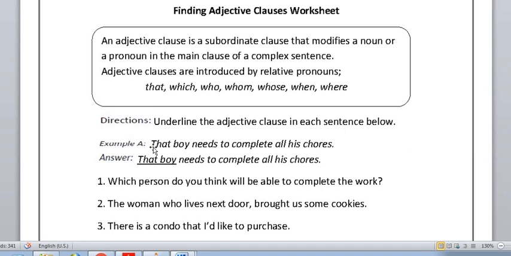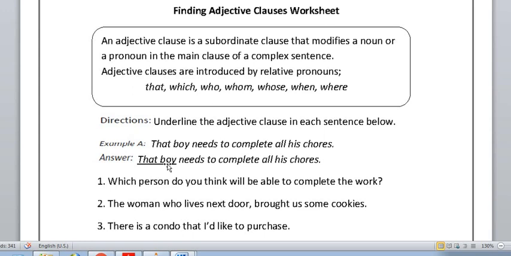All right, this example: that boy needs to complete all his chores. What is the adjective clause?